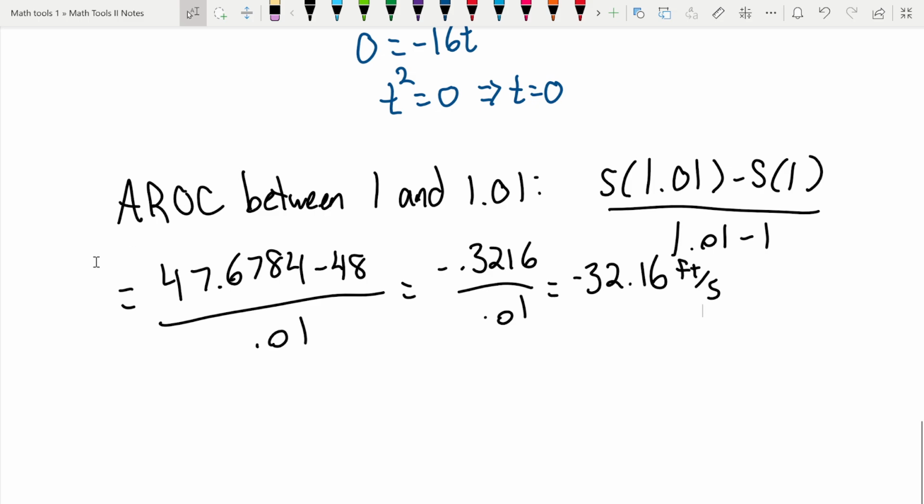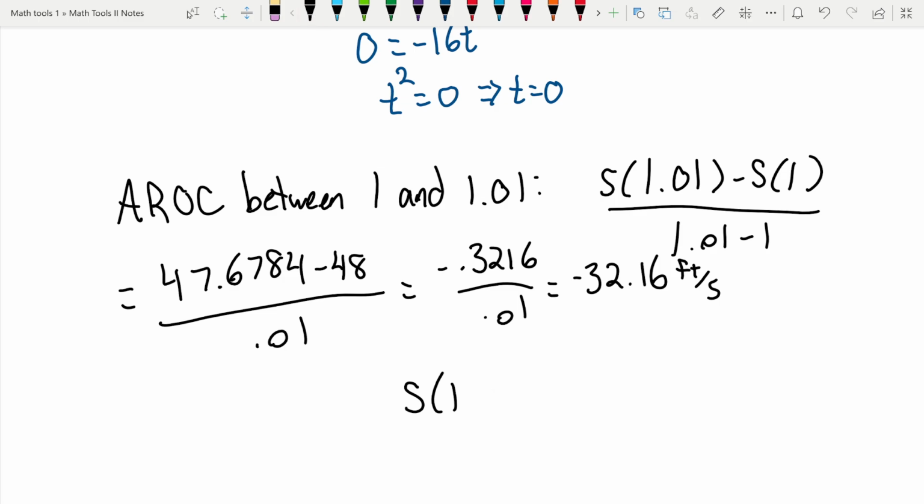Well, what we're really doing is we're finding these. All right, let's say we're finding s of 1 minus s of, I guess we're kind of doing it the other way.